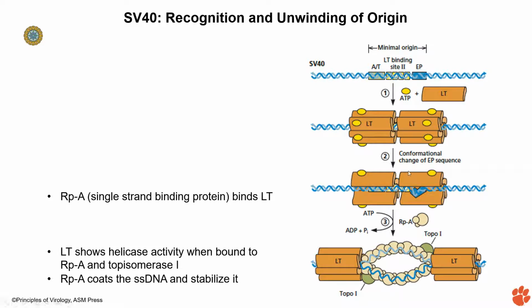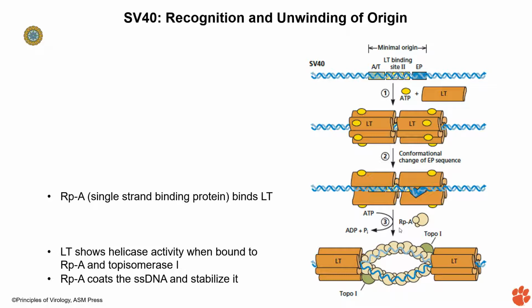And there are conformational changes in the DNA, and it recruits a couple of different enzymes, which are RPA and topoisomerase 1. Now remember this very carefully, what the specific functions are. LT, we saw from that previous slide, has a helicase activity. That means LT will unwind the DNA.